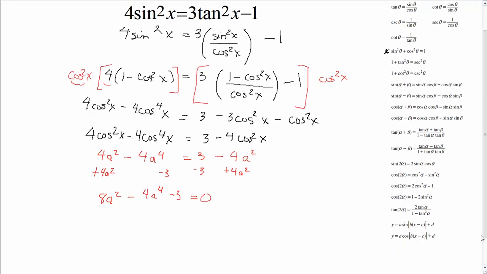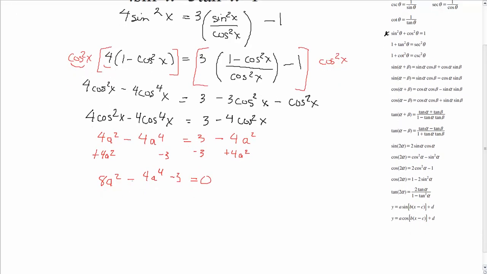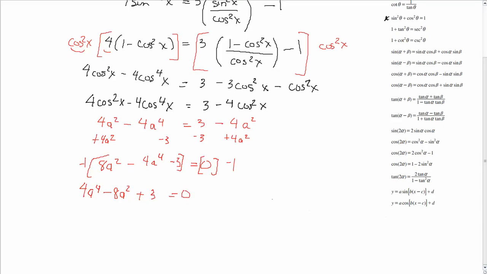Now, I'm just going to rearrange this and make sure that my a to the fourth is positive, so the sign of everything's changing. I'm multiplying both sides by -1, and 0 times -1 doesn't change. So I get 4a to the fourth minus 8a squared plus 3 is equal to 0. Now I'm going to factor this as a quadratic.